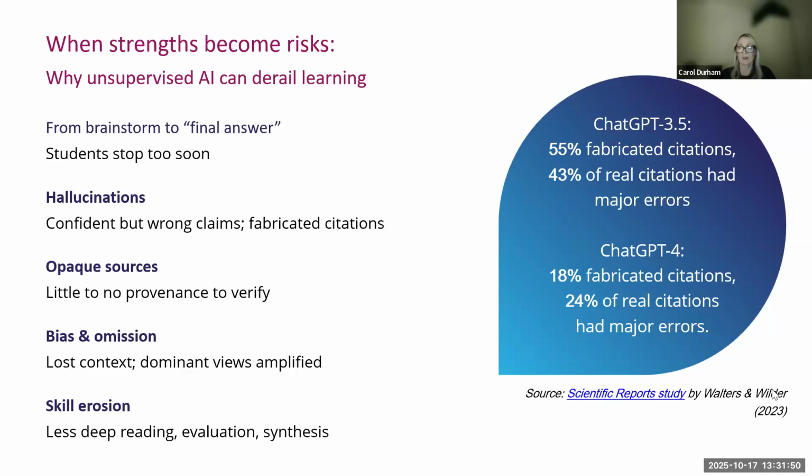And a peer reviewed scientific report study by Walters and Wilder in 2023 found that GPT 3.5 fabricated 55% of citations, and 43% of its real citations had major errors, while GPT-4 fabricated 18% and 24% of its real citations had major errors.